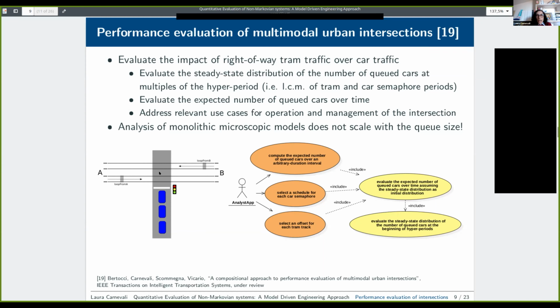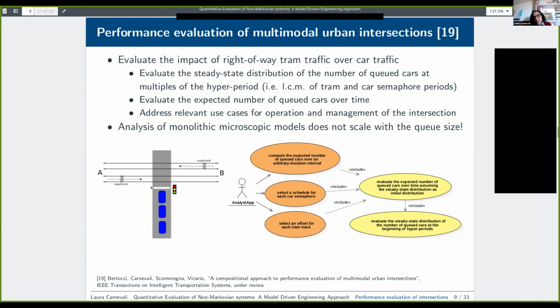And to do so, we combine transient and steady state analysis, because of course, as we all know, we do not need to have a driving license to understand that the expected number of queued cars over time does not reach a steady state.